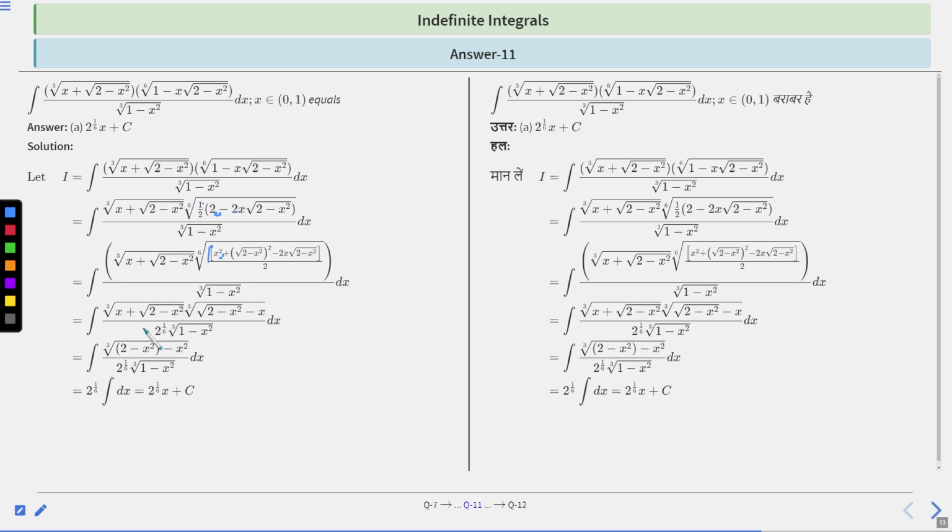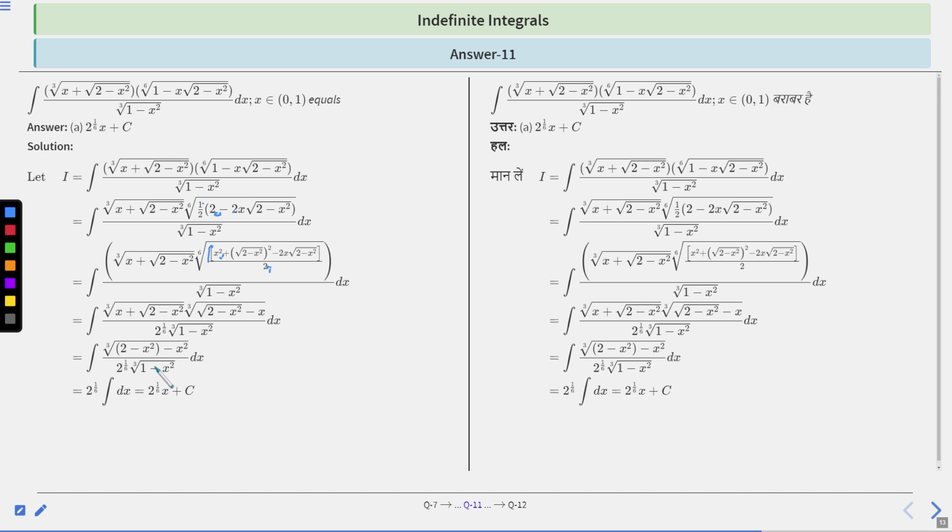Therefore, the final equation will become cube root of x plus root over 2 minus x square into cube root of root over 2 minus x square minus x dx upon, see, this 2 to the power 1 by 6 will go in the denominator, upon 2 to the power 1 by 6 cube root of 1 minus x square, right?